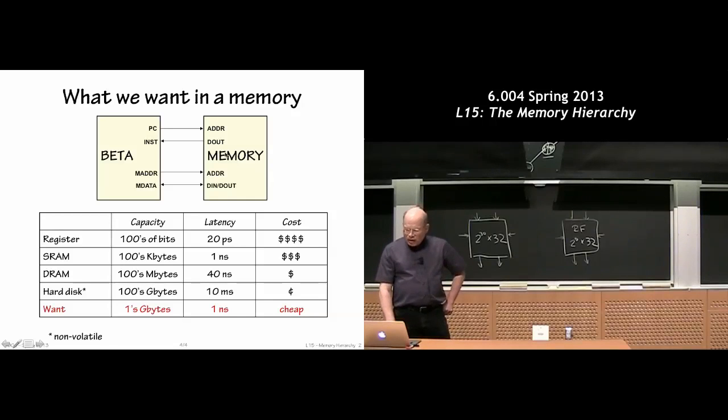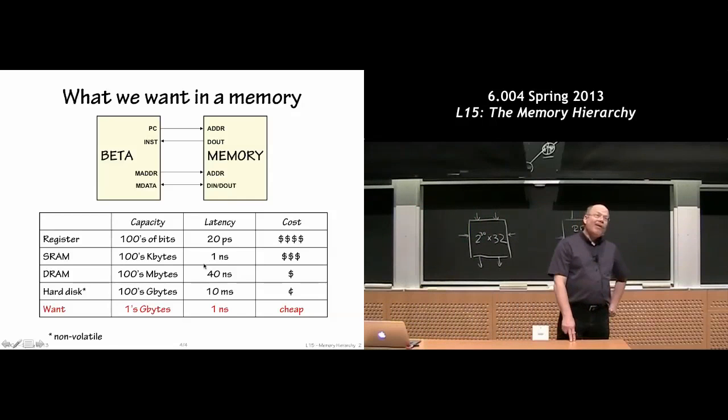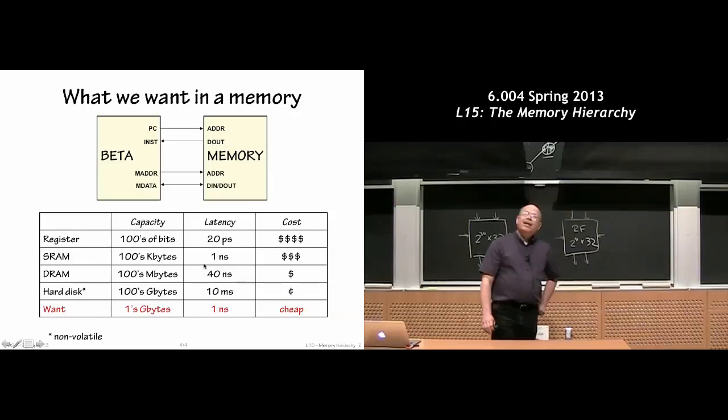And you look at that and you go, wait a minute, there's a problem here. If I have to fetch each instruction from memory, how does that work? How is it I'm able to execute instructions in 1 nanosecond, but part of executing each instruction is fetching it from memory, and that takes 40 nanoseconds? That just seems like a real fly in the ointment, and indeed it is.